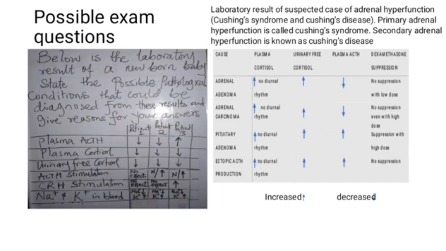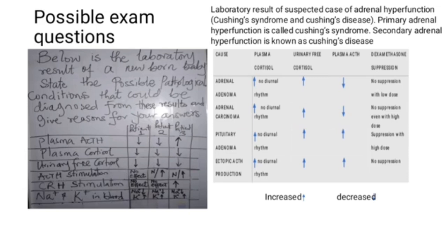You see that when there is increased plasma cortisol, it is a case of hyperfunction. And when there is adrenal hyperfunction, another name for this is Cushing syndrome. If adrenal hyperfunction is as a result of the adrenal gland, it is called Cushing syndrome.